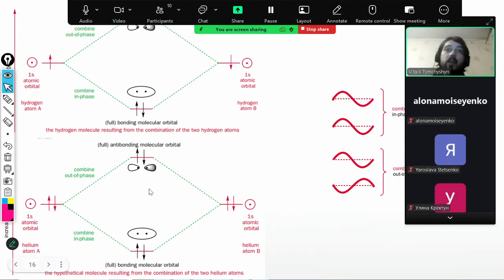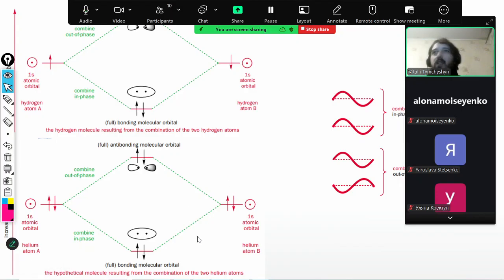And this is the case for helium. This case is a bit different, because once again we have bonding and anti-bonding orbitals, but now each atom is carrying two electrons, so these electrons will use up the bonding orbital. Due to Pauli's exclusion principle, we will need to put the other two electrons into the anti-bonding orbital, and basically we have no gain in energy.